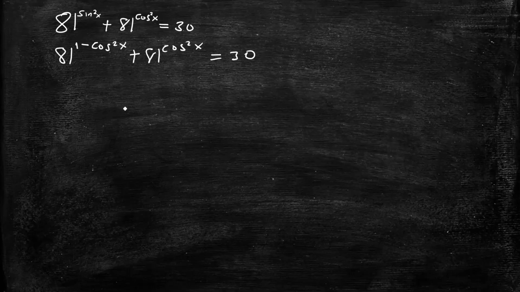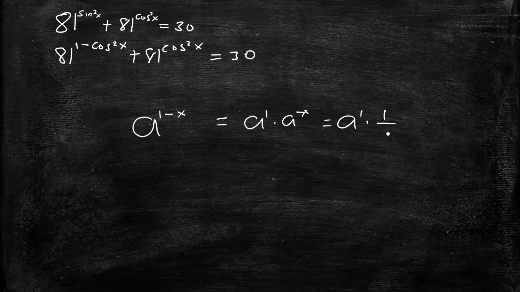Now, if we are given a raised to 1 minus x, that is the same as a raised to 1 times a raised to minus x, which is a raised to 1 times 1 over a raised to x.